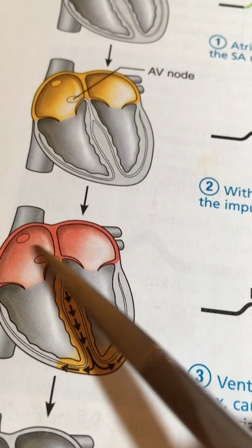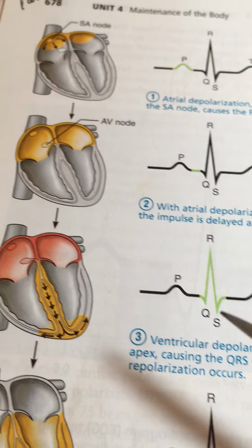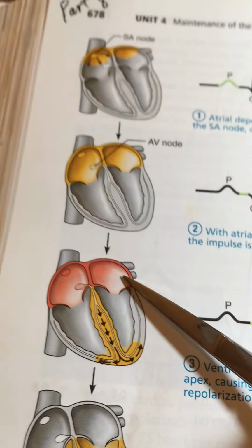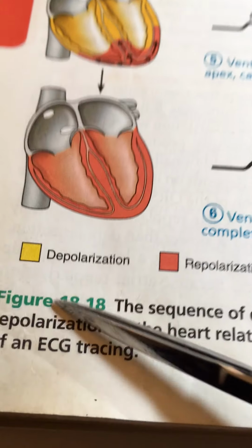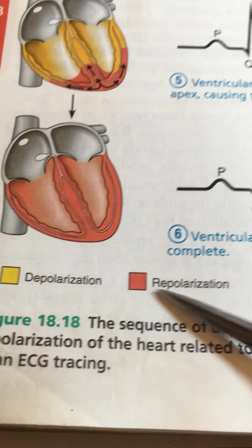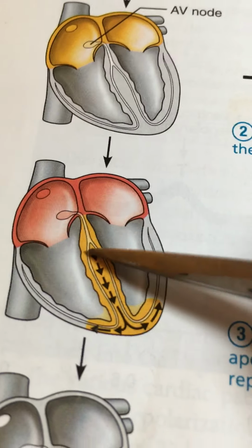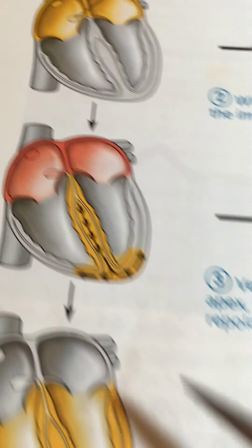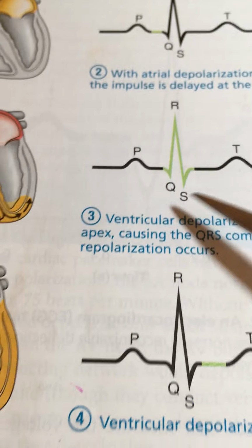You'll also notice that in this red color over here we are now repolarizing, and that's what's indicated down here in the legend: depolarization is yellow, repolarization is red. So we're repolarizing up here while we're depolarizing here. So that's the QRS wave.